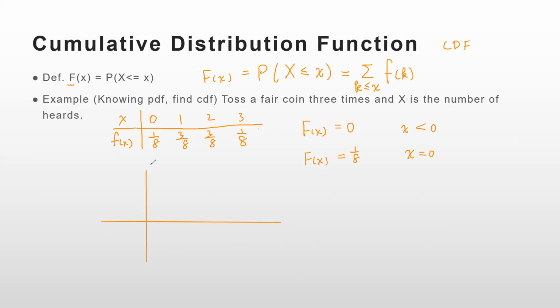All right, so we have y, which is the probability, and x is the value that the random variable can take. You have 0, 1, 2, and 3.